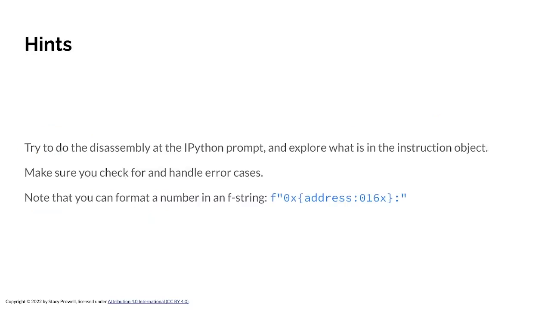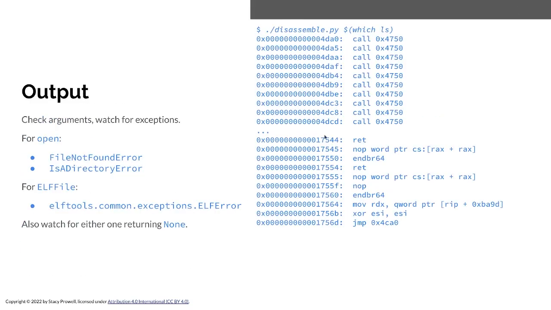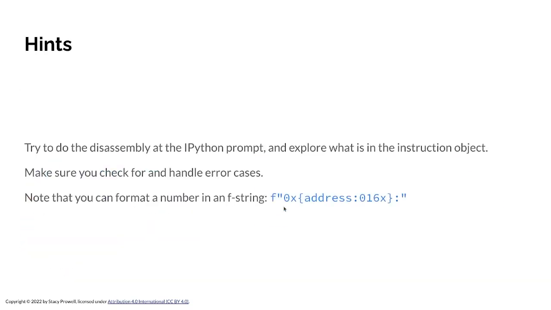Some hints. I would try to do the disassembly at the IPython prompt, and I would poke around and see what's in there. I would check for and handle error cases, definitely. And how did I format the number that way? You saw this number. How did I get that? You can do it this way.